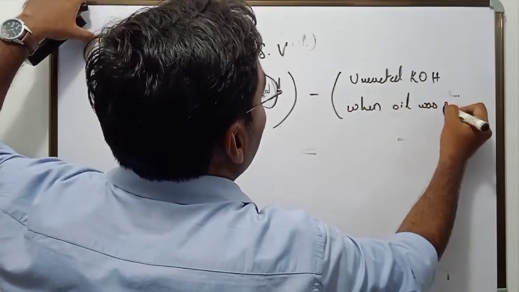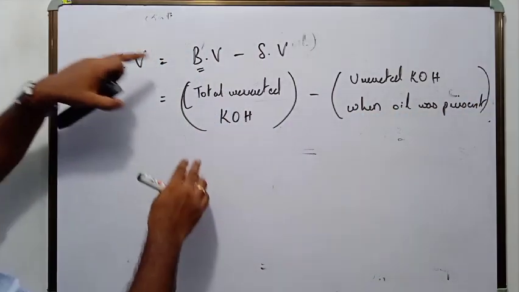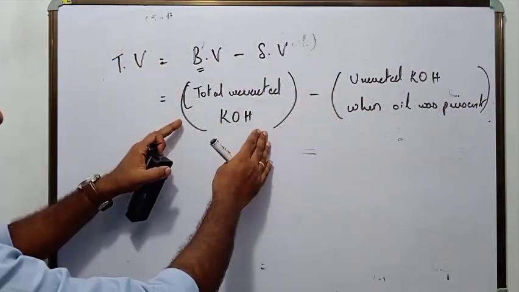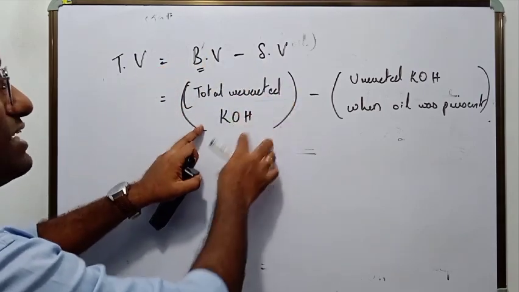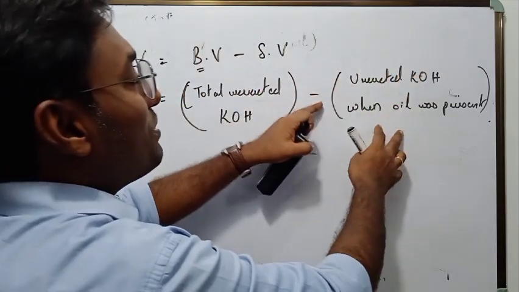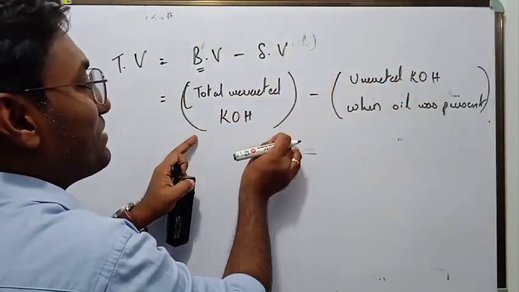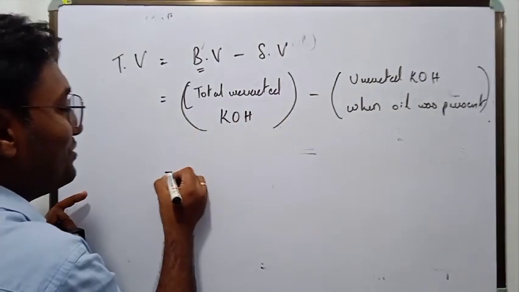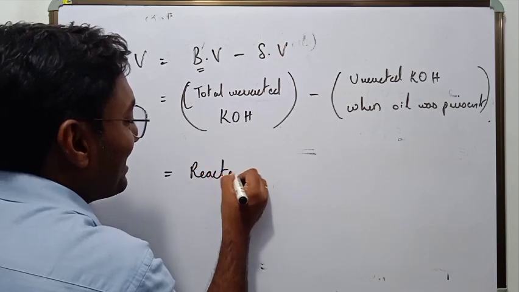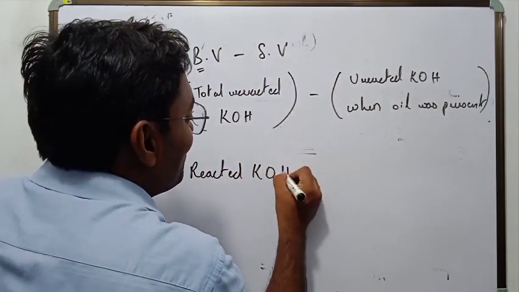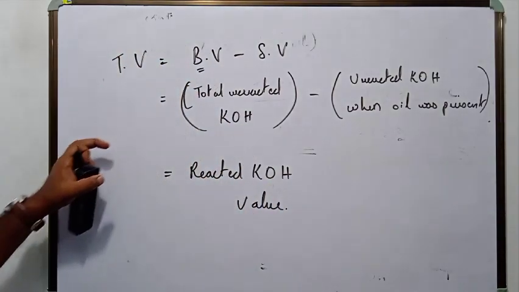When you subtract these two, what will you get? The blank value is due to total unreacted KOH, and the sample value is due to unreacted KOH when oil was present. If you subtract, you will get the reacted KOH value. I hope you have understood this concept.